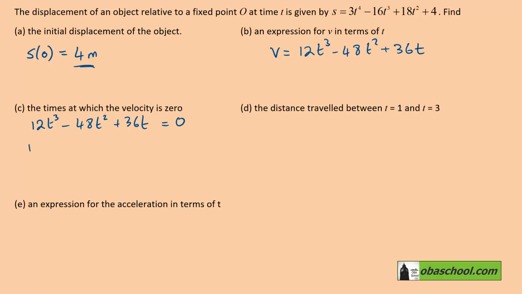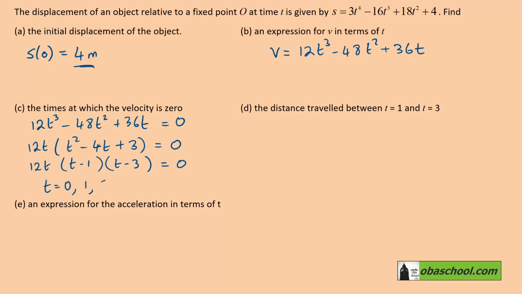From there we could take out 12t, and then we've got t^2 - 4t + 3 equal to 0, and that would be (t - 1)(t - 3), and that gives me that t is equal to 0, 1 or 3 seconds.